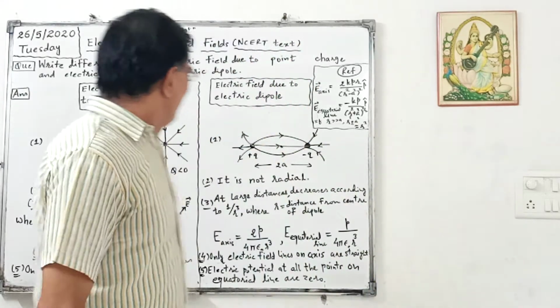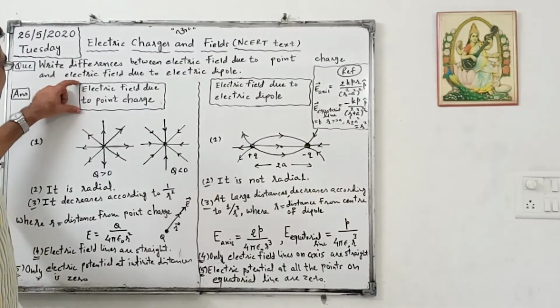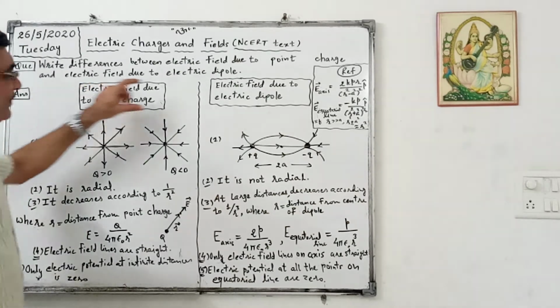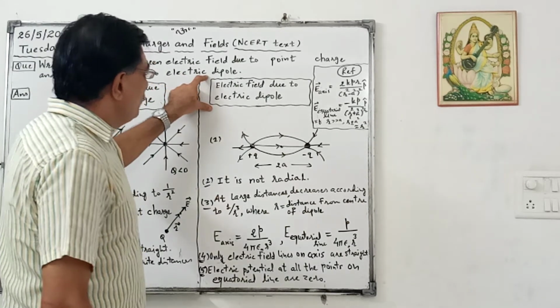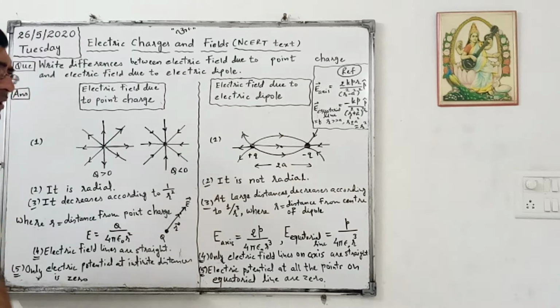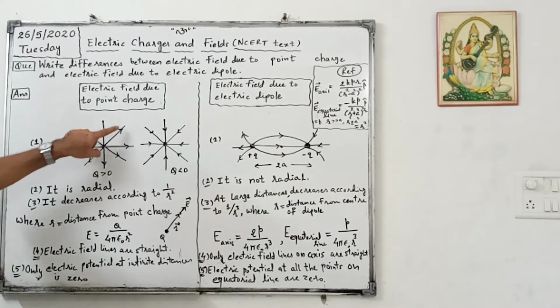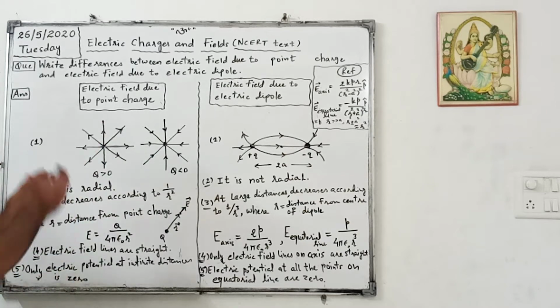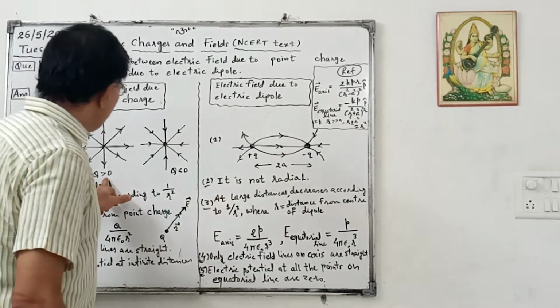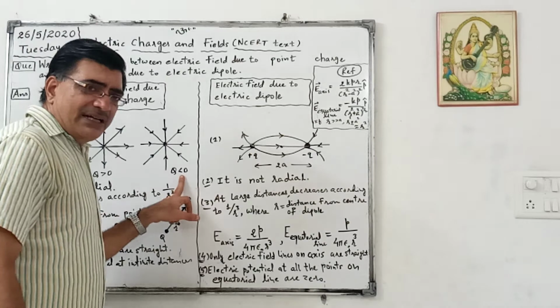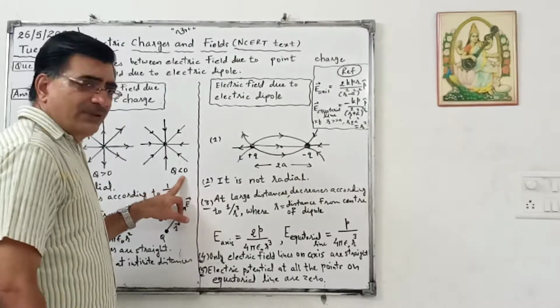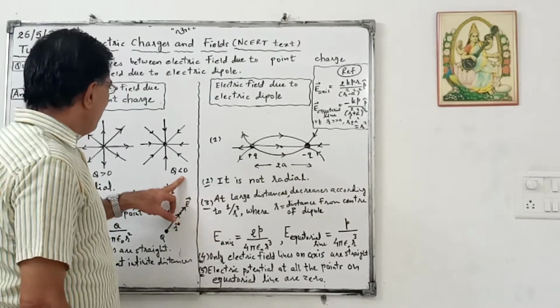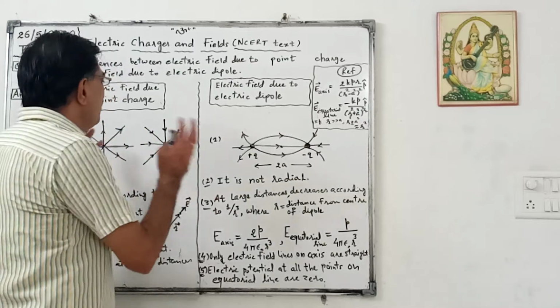So we know, see, this is electric field due to point charge, this is electric field due to electric dipole. Now for point charge, electric field lines are radial and outwards if it is positive. For negative point charge, the electric field lines are radial and inward.